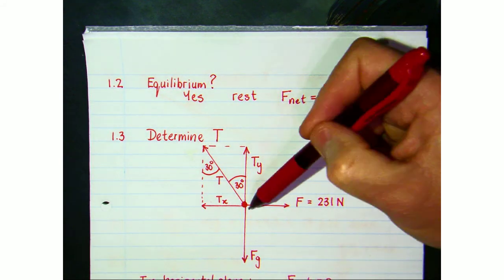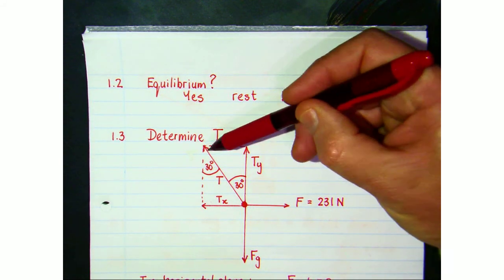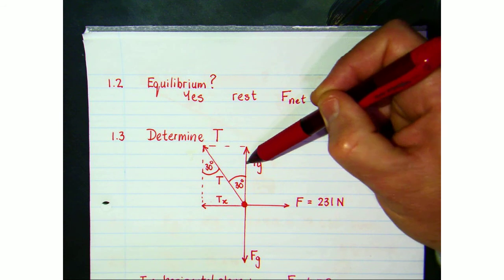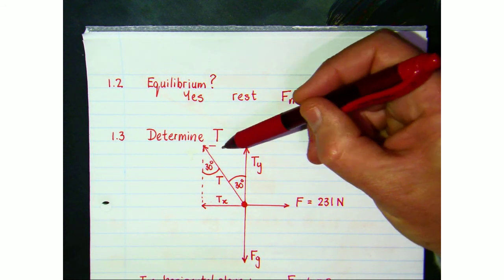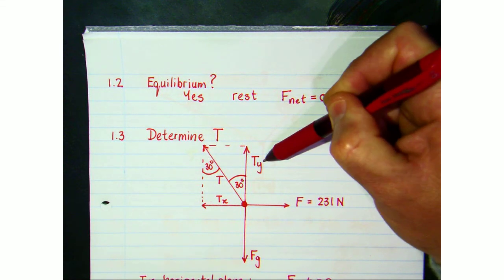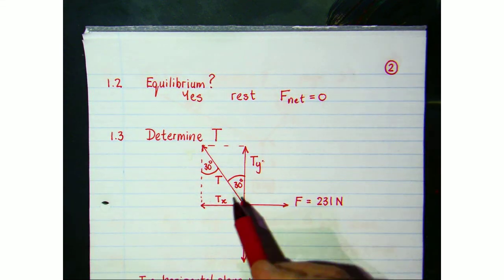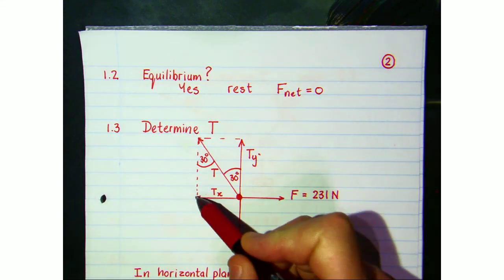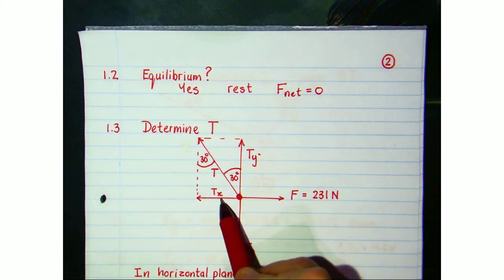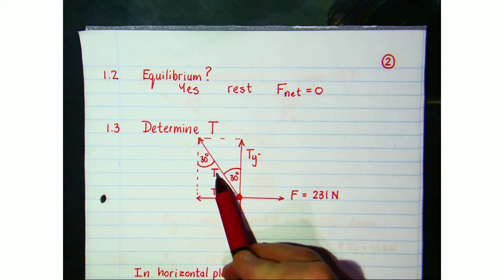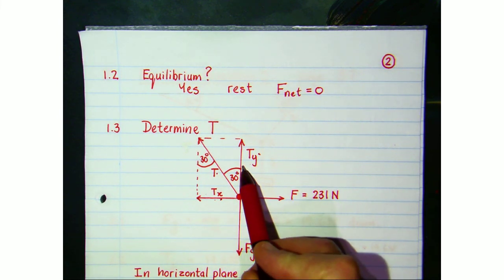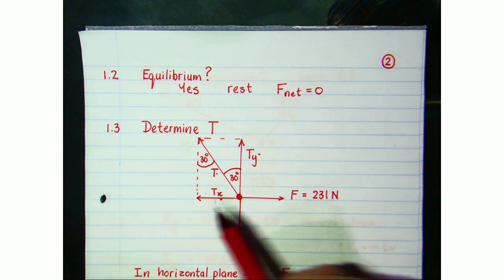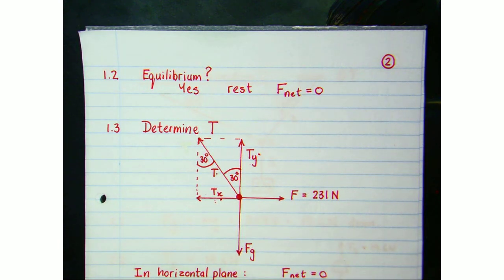But it's this tension force that isn't acting in either of these planes yet. We need to resolve it. We need to find its vertical component and drop a perpendicular down and find its horizontal component. So we need to resolve this tension force into its two components, one in the vertical plane, one in the horizontal plane, and then we can solve the problem.